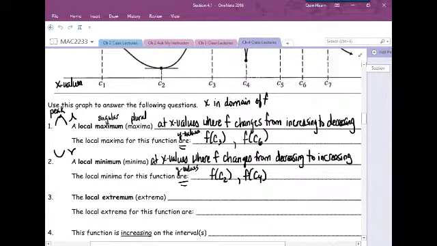Now, when you see the word local or the phrase local extremum, this is just not specifying if we're talking about a hill or a valley. It's either one.